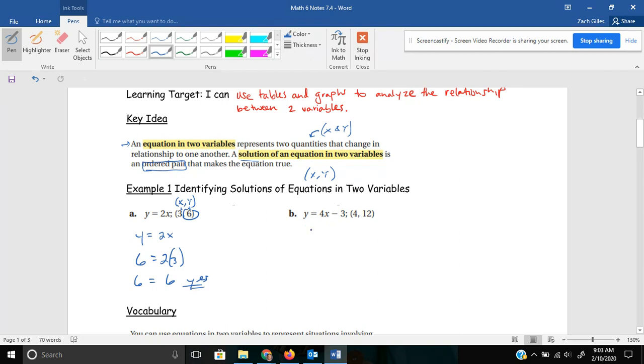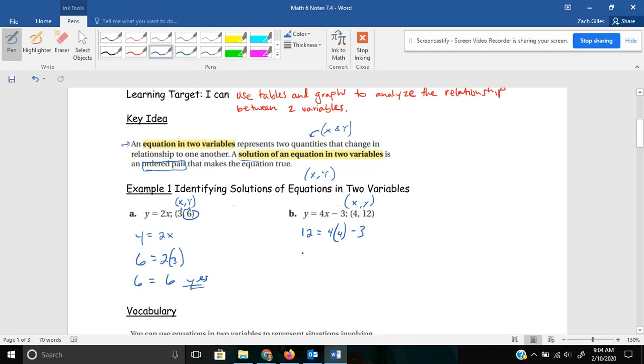How about for letter B? It says y equals 4x minus 3. Again, remember your x comes first and then your y. So I'll substitute in 4 for x and I'll substitute in 12 for y. 12 equals 4 times, my x value is 4, minus 3, right?